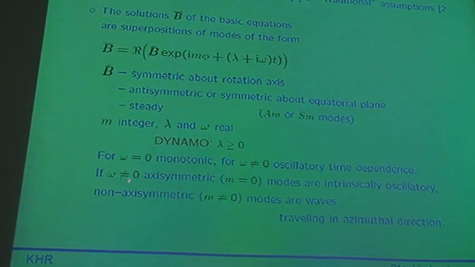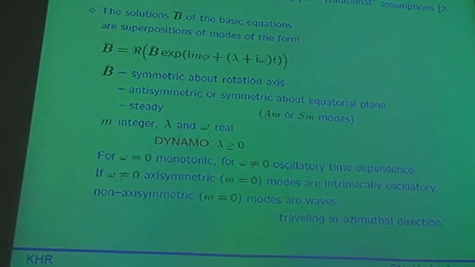If omega is unequal 0 and you consider the case m equals 0, you have an oscillation. It is, I wrote here, intrinsically oscillatory. You cannot change the frame of reference so that this oscillation doesn't occur.